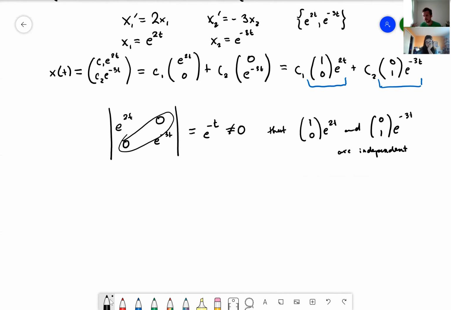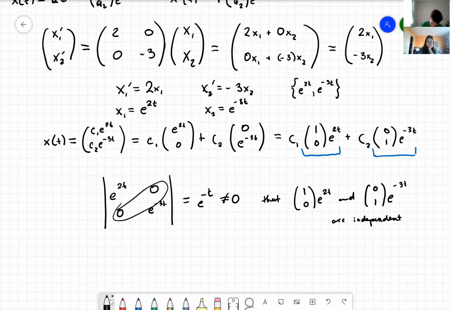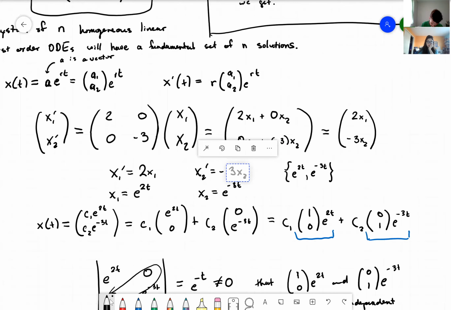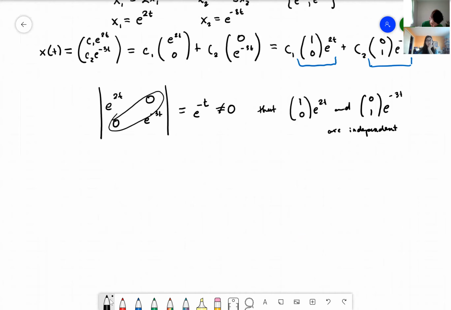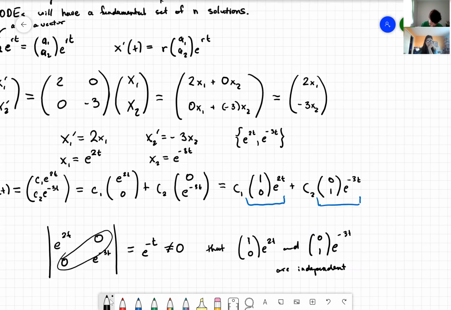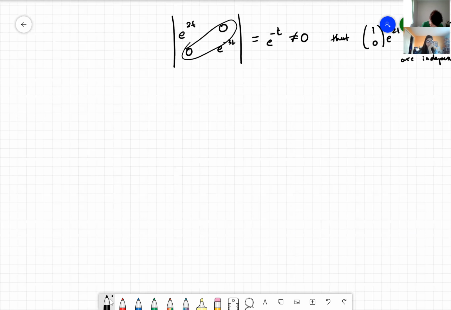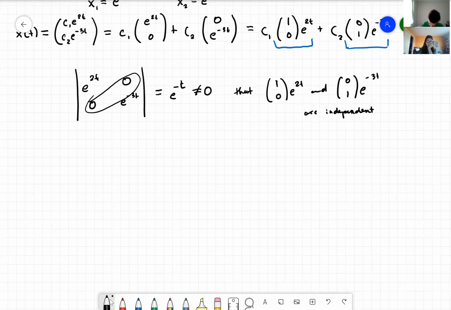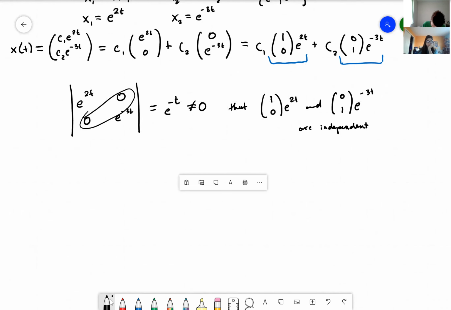So these are two values of x for this equation. Let me just rewrite it here. What were they? 2, 0, 0 minus... X prime is equal to 2, 0, 0 minus 3x.